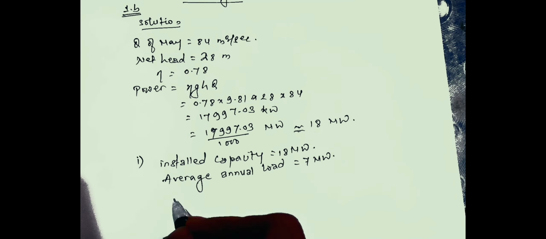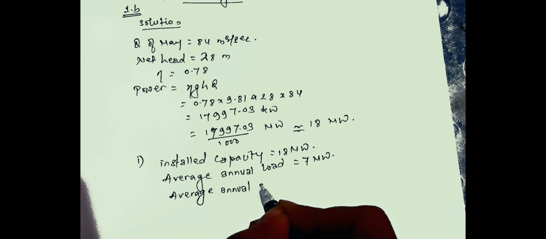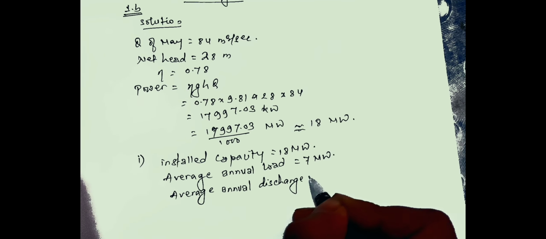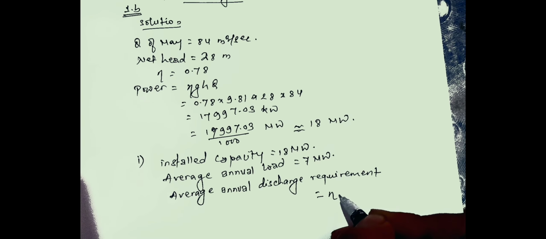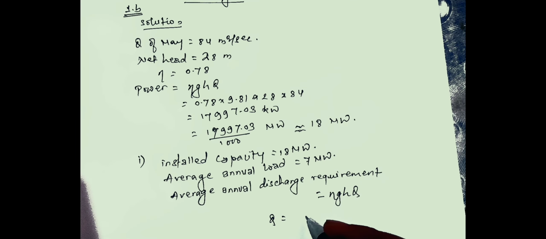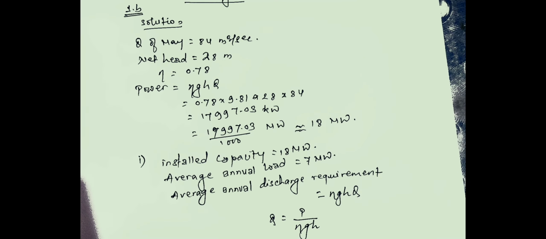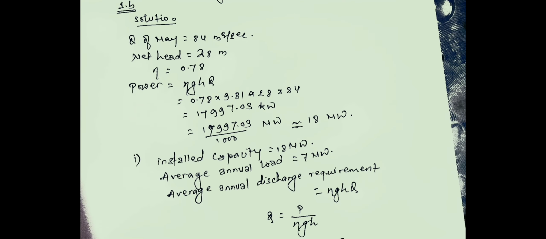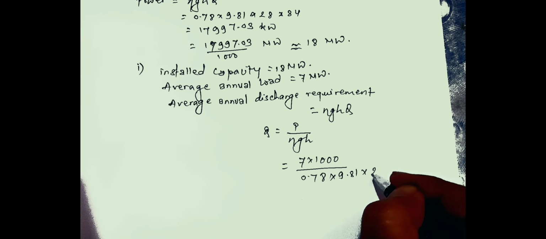Now for the average power, the average annual discharge requirement, P equals rho G H Q, or Q equals P divided by efficiency, G and H. Placing the value of P as 7 megawatt, converting it into kilowatt, divided by efficiency 0.78, G means 9.81, H 28.